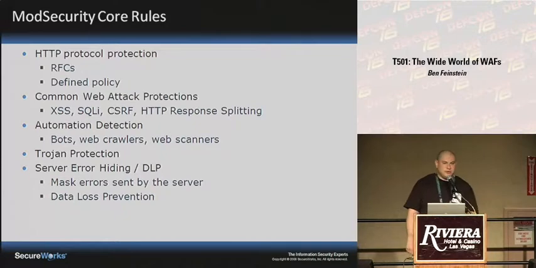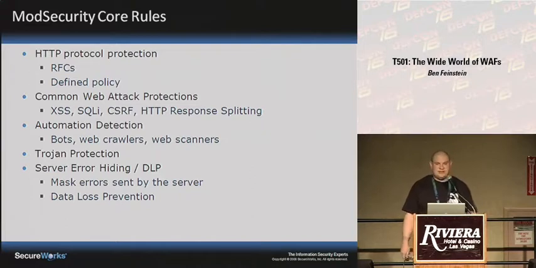So the core rules: without any rules, mod security doesn't do anything. It just processes requests and passes them through. It's basically running almost like a proxy. The core rules are available from modsecurity.org. They're under the GPL v2 license. They offer some main areas of protection. One is controls around the HTTP protocol.